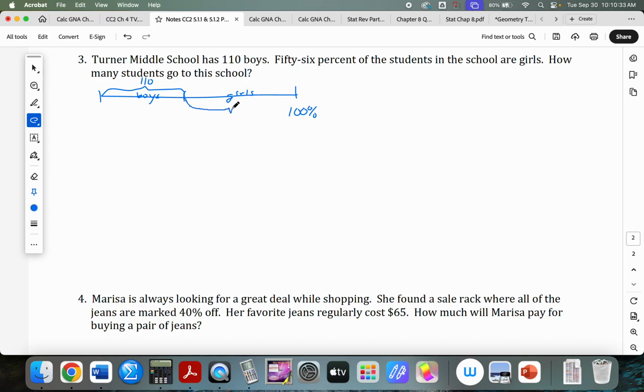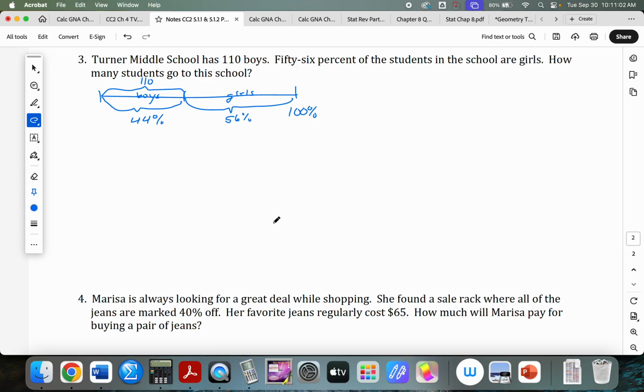And the percentage, which is going to go on the bottom, is 56%. Which means, what percent are boys? 44%. Finding that makes your job way easier on this problem.